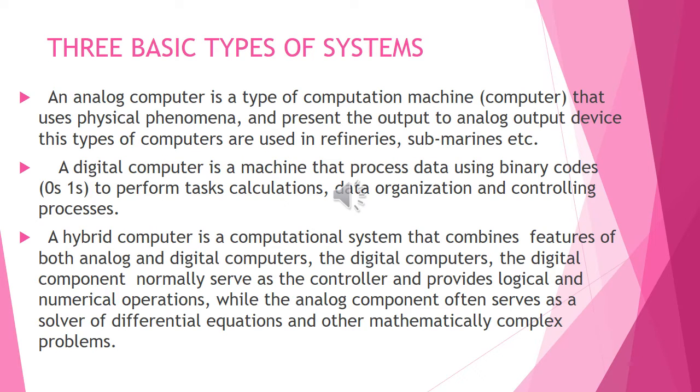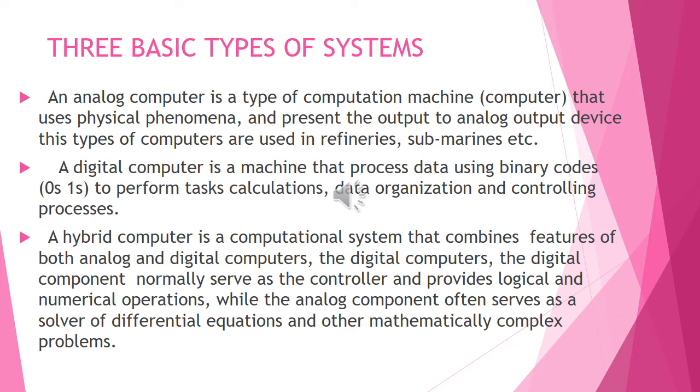Slide 3, we are still on the 3 basic types of systems. Let's start with the first one, which is the analog. An analog computer is a type of computation machine that uses physical phenomena and presents the output to an analog output device.